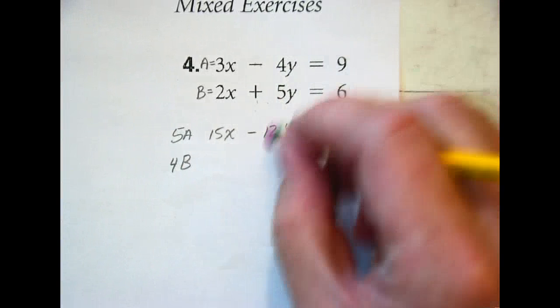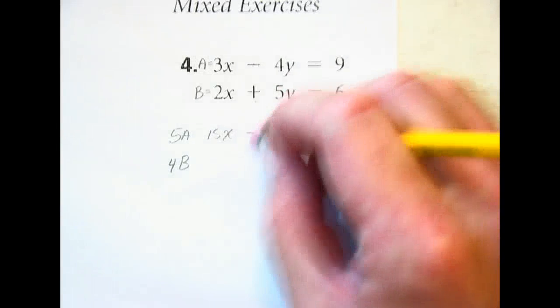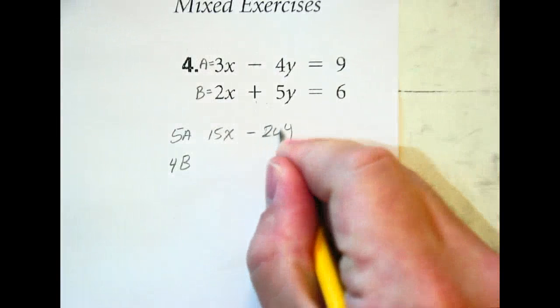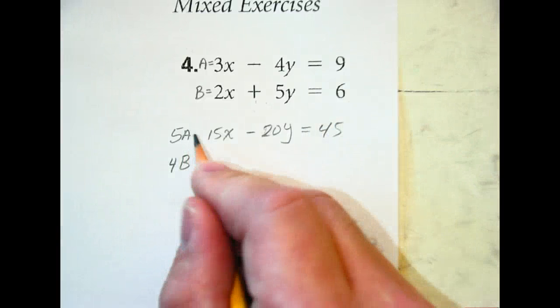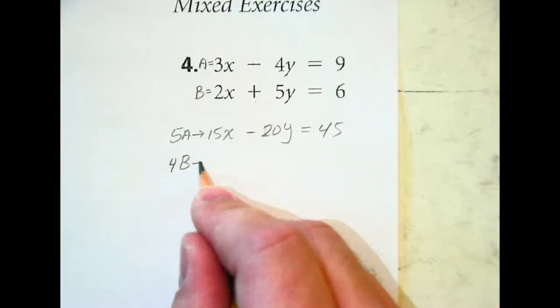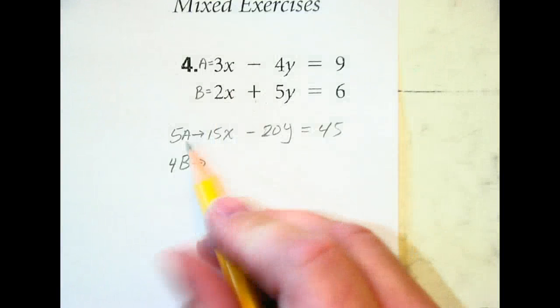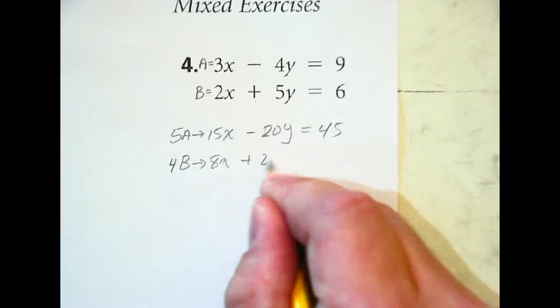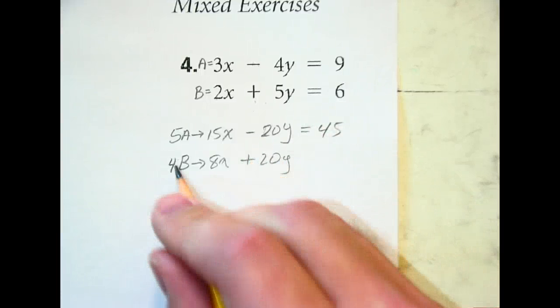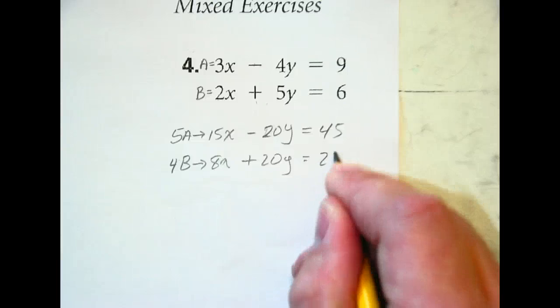No? Oh, 20y. Thank you. You're welcome. Okay, negative 20y, and then 5 times 9 is 45. Okay, so I've got that, and then 4B is 4 times 2 is 8x. 4 times 5 is 20y, excuse me, and 4 times 6 is 24.